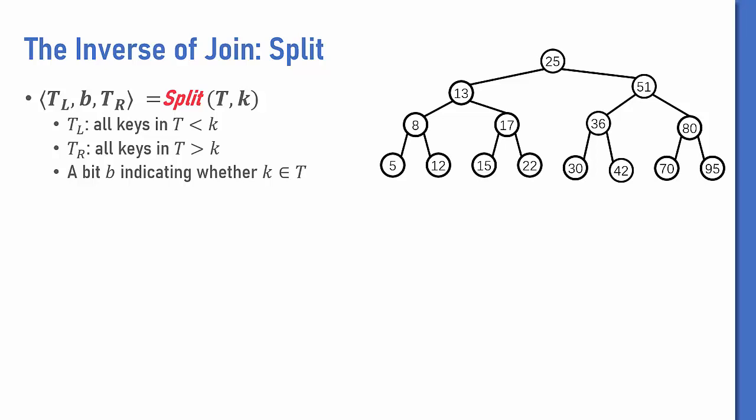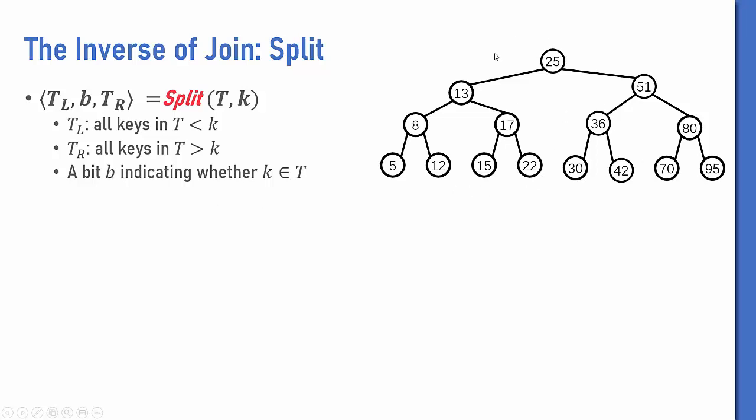It takes a BST T and a key K as input, and it wants to split T into two parts. The left part, called TL, contains all keys smaller than K, and the right one, TR, contains all keys greater than K. Also, we want to return a flag B to indicate if K is found in the tree or not.